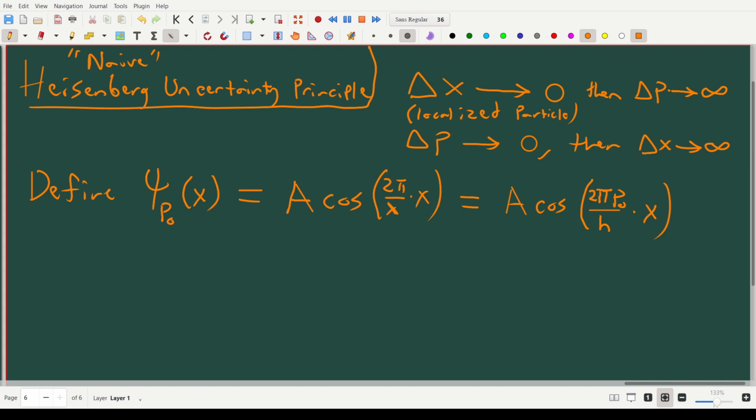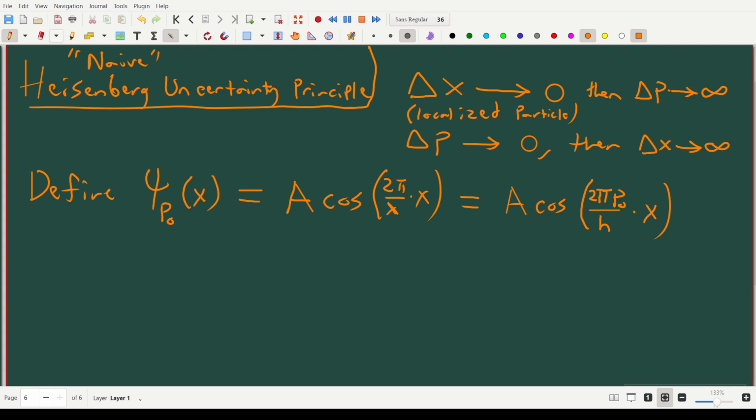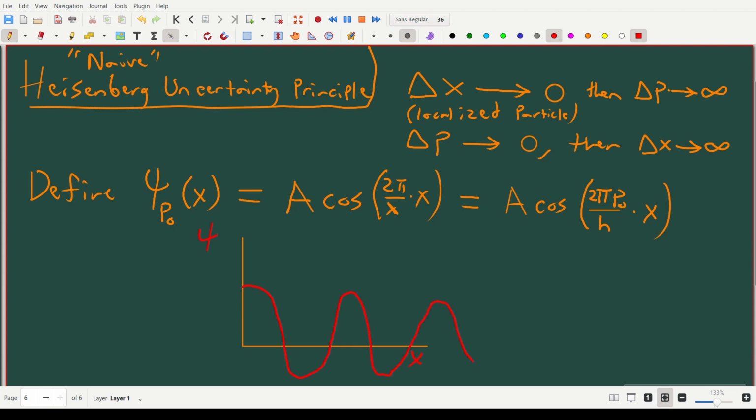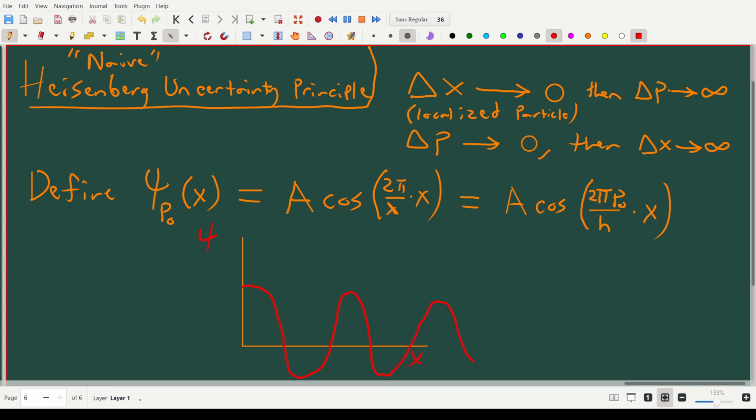Right, so if I were to plot this wave on a coordinate system as a function of x, so x, and we're going to plot psi. It's just a cosine function, right? So it goes from a to minus a, and then back up, and then back down, and so on and so forth.